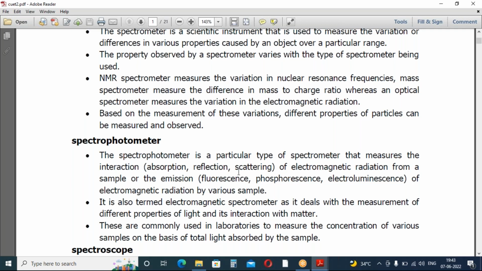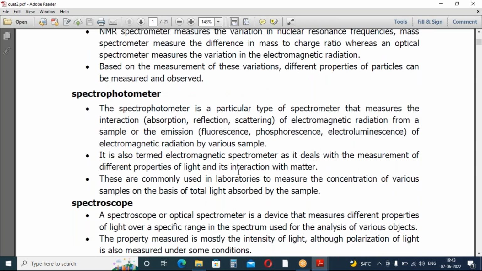And these are also based on the phenomena of fluorescence and phosphorescence. Okay, that means how molecules emit radiation, in the form of phosphorescence or fluorescence phenomena; here we can observe the different molecules present in the mixture.